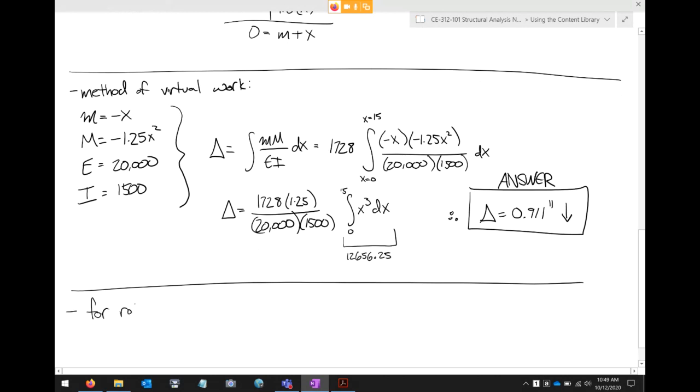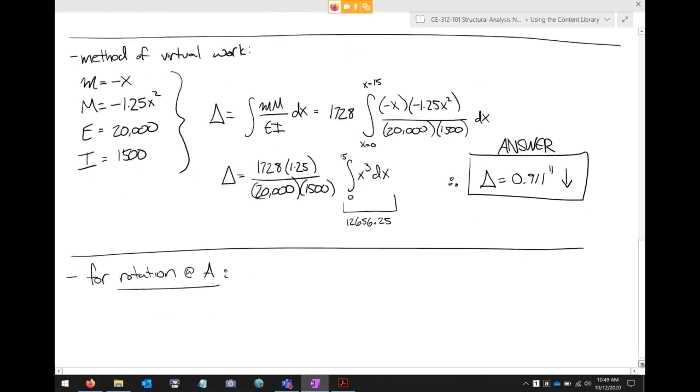All right, I want to show you something real quick. For rotation at A, here's what you're going to do.